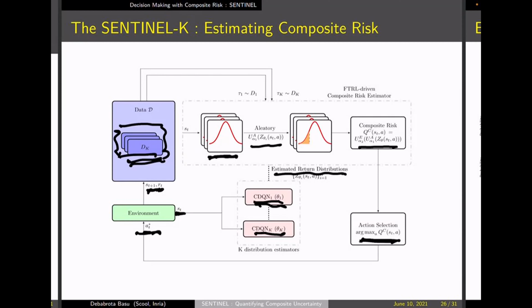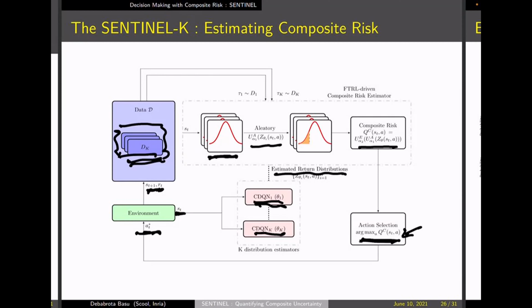Exactly. But another thing that will be interesting to see: the whole point of this work was to prove that this composite risk is a better quantification if you can estimate it well. You can develop a nice estimator of this very simply without distribution assumptions, and if you use it, it leads to safer performance. But now the question is that we have used Q-learning or fitted Q iteration, which is very naive or simple from the reinforcement learning point of view.